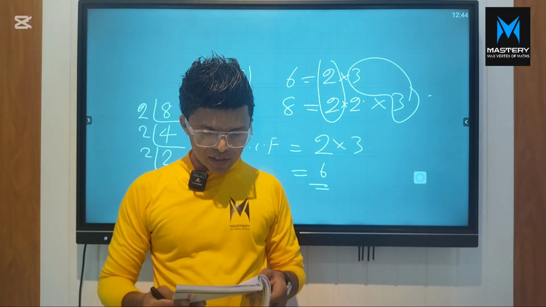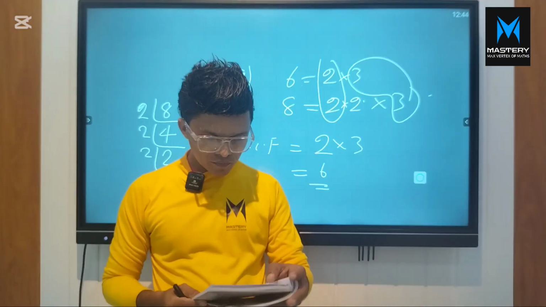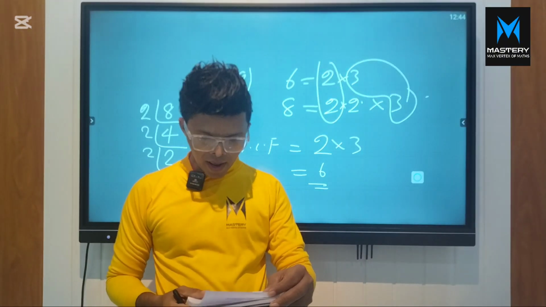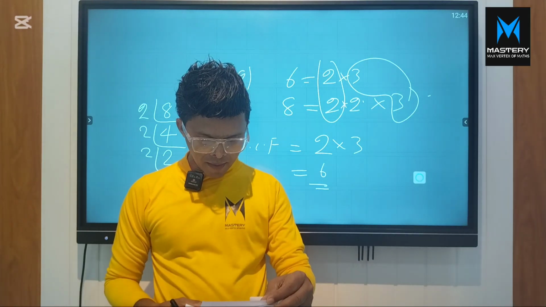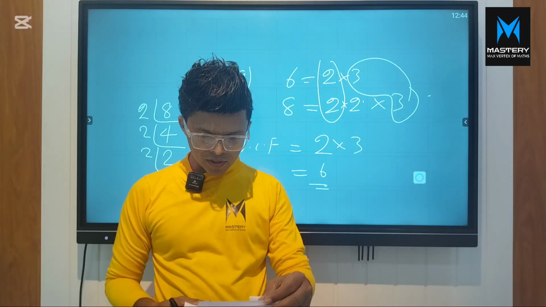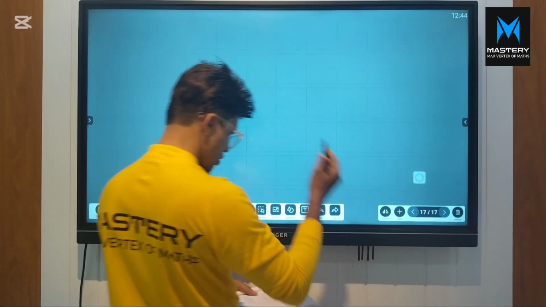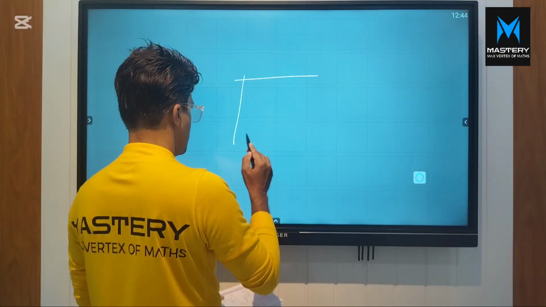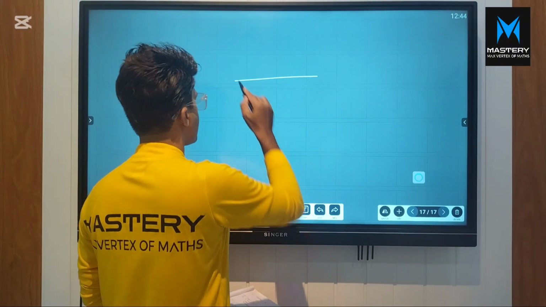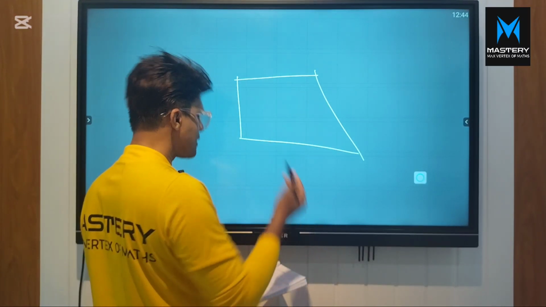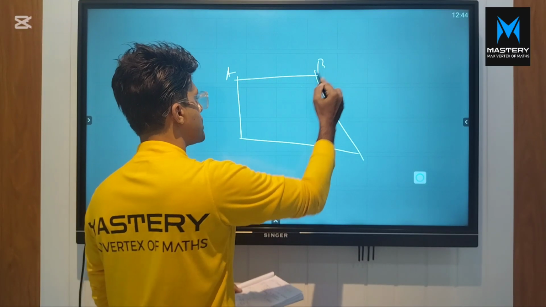The 20th question is: name the pair of parallel lines in the trapezium given below. A trapezium is given, you could see, and you need to mention the parallel lines. What are the parallel lines that you could see in this given trapezium?